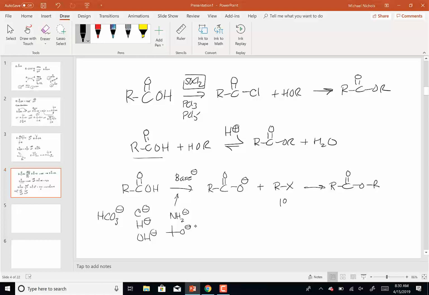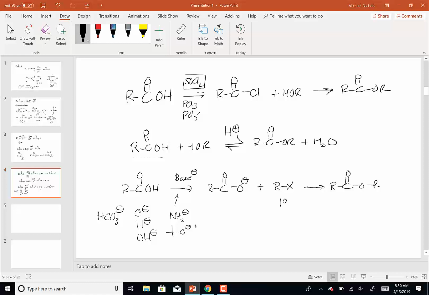Right? That's why when you were extracting, you couldn't just throw in the sodium bicarbonate, put the stopper on it, and start shaking wildly, because you were going to generate CO2 because it was going to react with the carboxylic acid. So carboxylic acid can be deprotonated by any of those.